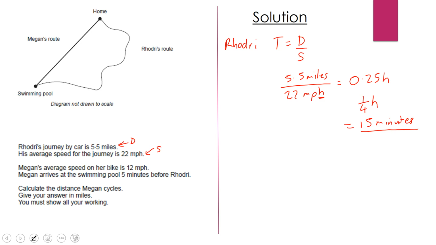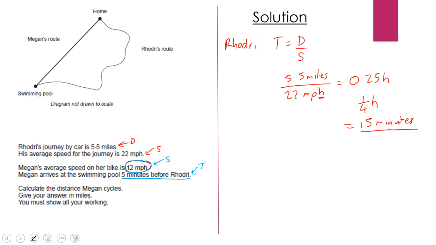Now we can come back to Megan's information. Now her average speed is 12 miles per hour. Use a different color pen here to highlight Megan's information. So her average speed is 12 miles per hour, and she arrives at the swimming pool 5 minutes before Rodri. Well, that's her time. She's arriving 5 minutes before Rodri.